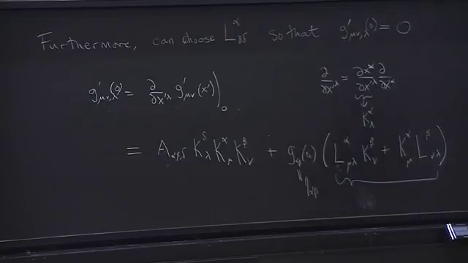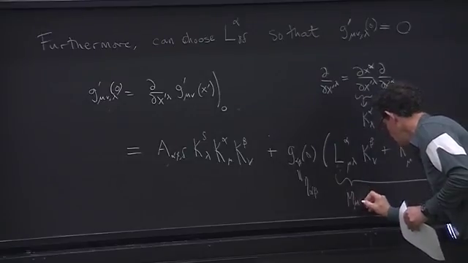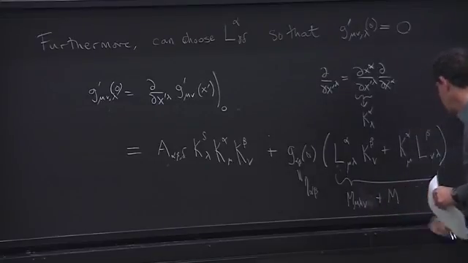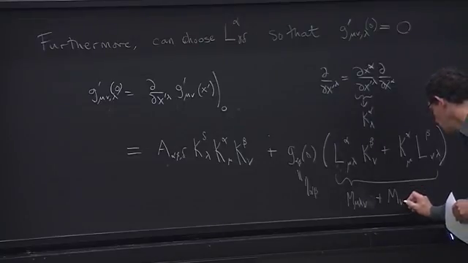Let's call the first term M mu lambda nu, and this term is the same matrix, but M nu lambda mu.